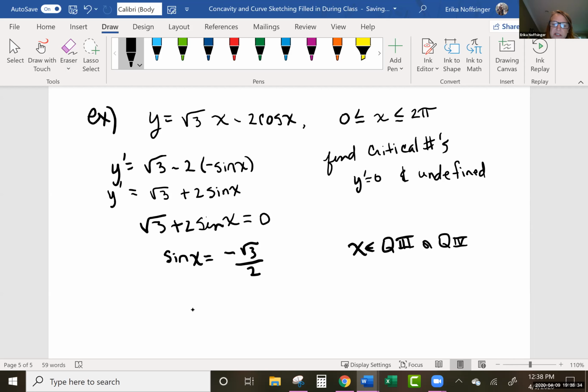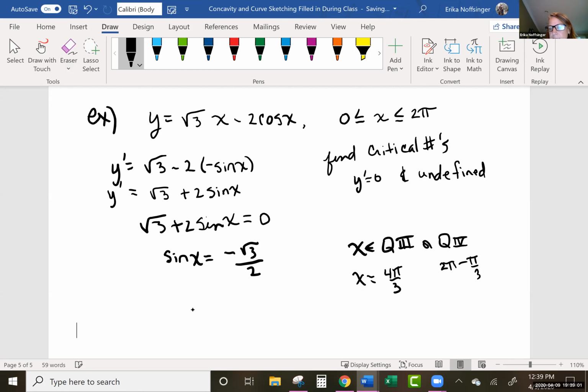And so 60 degrees, that is pi thirds. If I take pi plus pi thirds, that would tell me that x is 4 pi thirds. Or I can think of 2 pi minus pi thirds. It's been a little bit, I'm not teaching trig this semester.